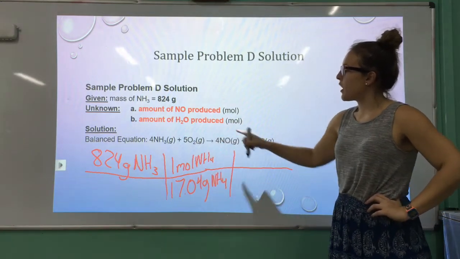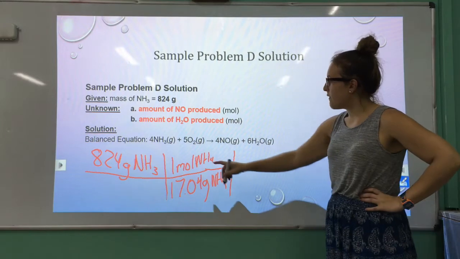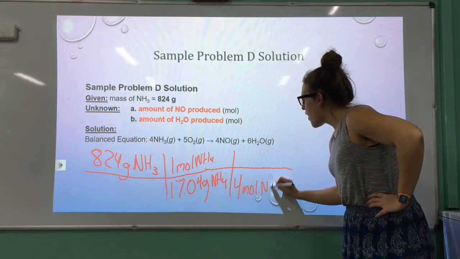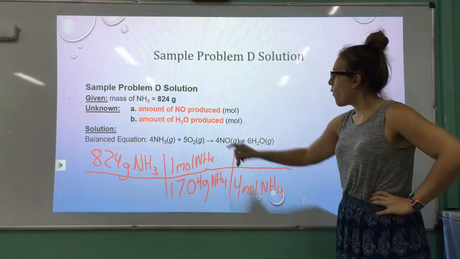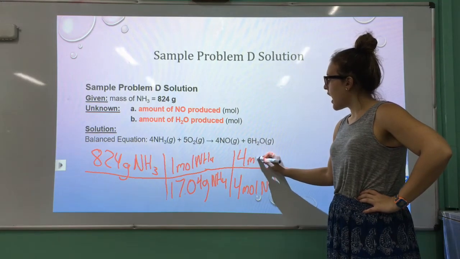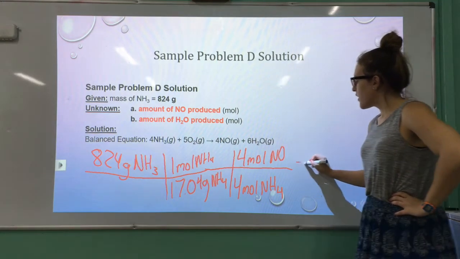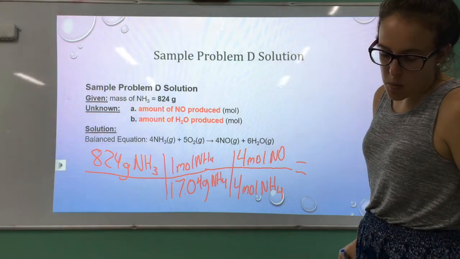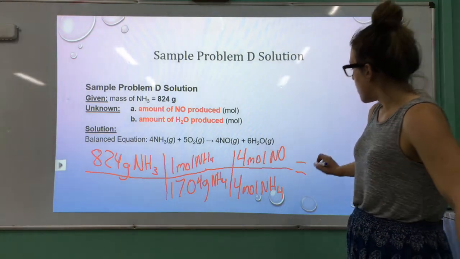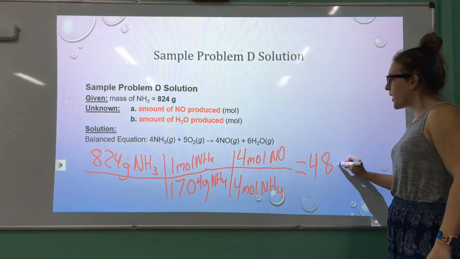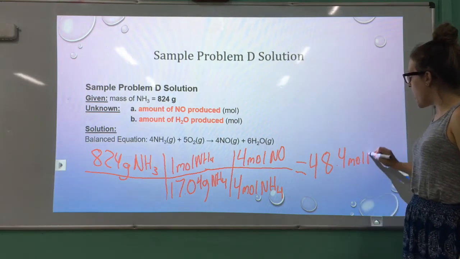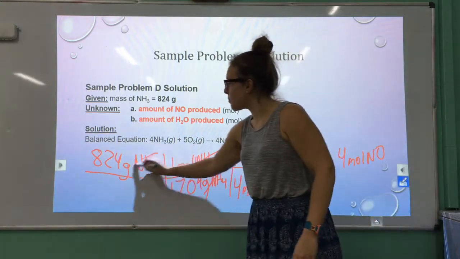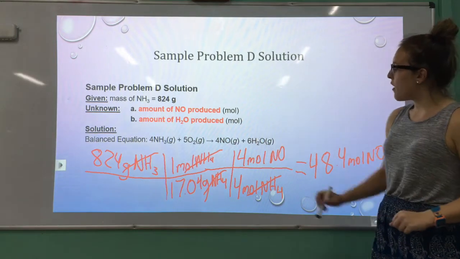So we look at the equation, and for every 4 moles of ammonia, 4 moles of nitrogen oxide are produced, giving us a grand total of 48.4 moles of NO. We see that the moles of ammonia cancel out, the grams of ammonia cancel out. Great. Now what about for water?